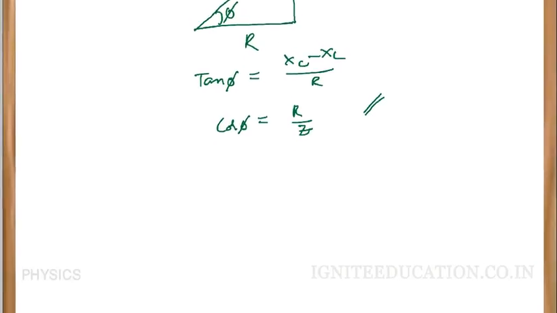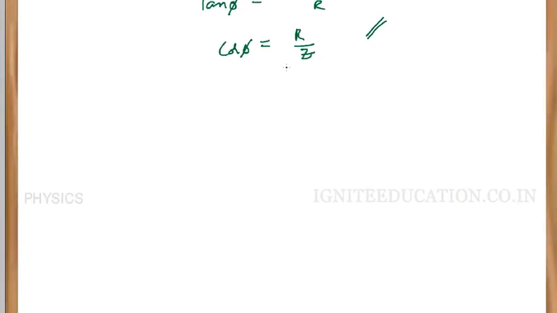Now I am going to apply these two expressions to the LR and CR circuits, because you are removing one after the other. For the LR circuit, tan phi is equal to XL by R, because XC is 0, as you are removing the capacitor.